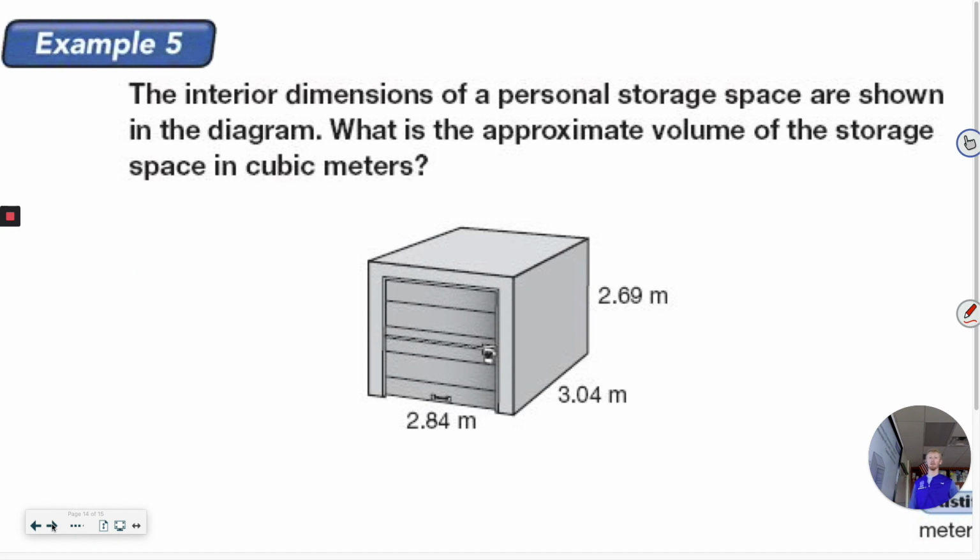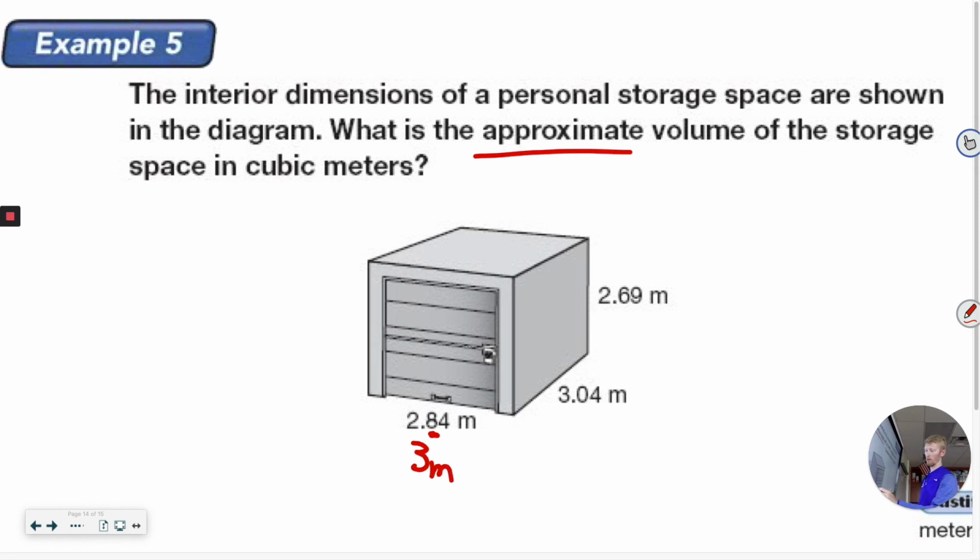All right, the interior dimensions of a personal storage space are shown in the diagram. What is the appropriate volume of storage space in cubic meters? So, approximate. That's like the same as estimate. So I'm going to round all of these first. I have 2.8, that'd be 5 or more, so I'm raising this from a 2 to a 3.